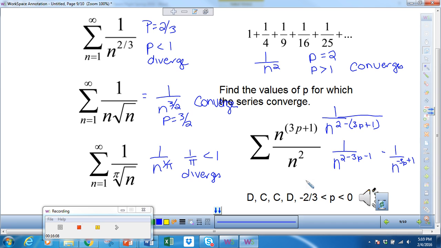So this will converge, because they're asking when will it converge, when negative 3p plus 1 is greater than 1. If I subtract 1 from both sides, I get negative 3p has to be greater than 0. So I get p has to be less than 0. But I've got a different answer here, so I have to look and see why I have a different answer. I distributed there. So let me look at this answer, and we will talk about this tomorrow.